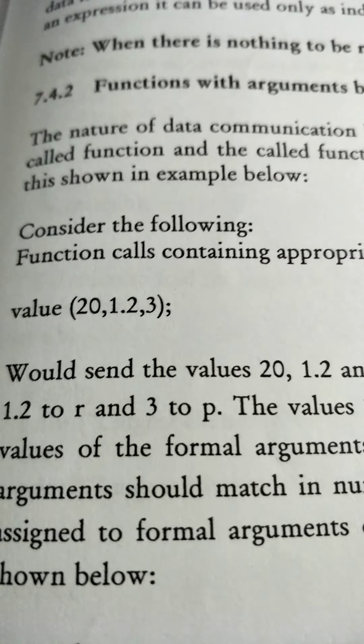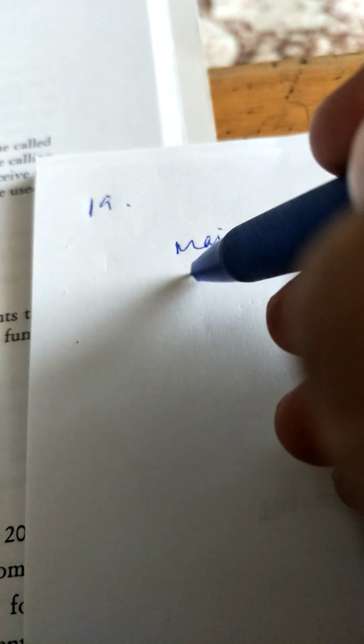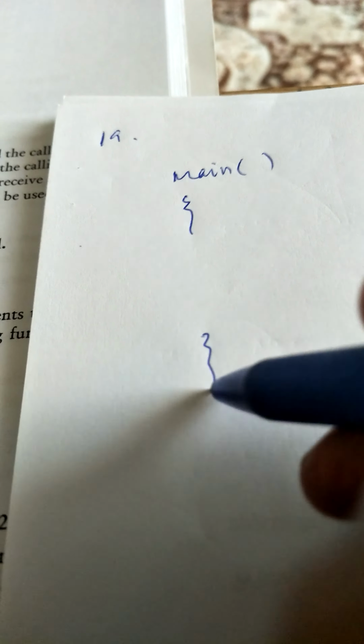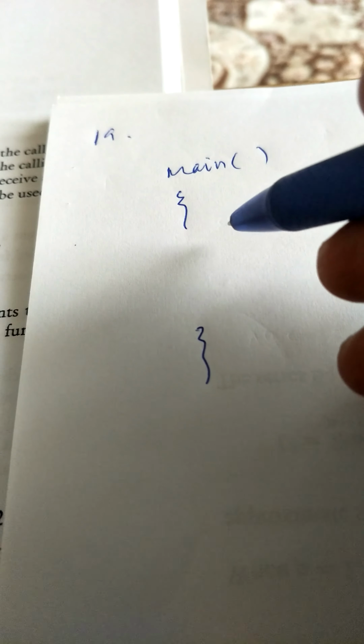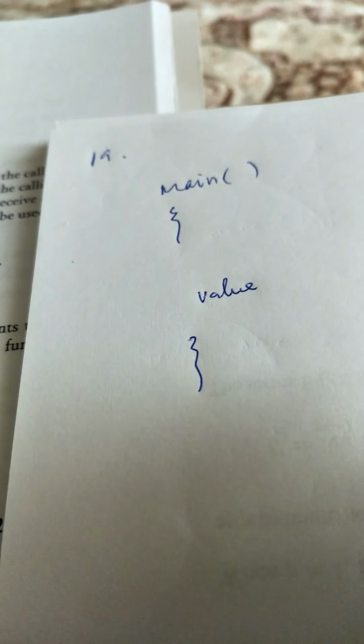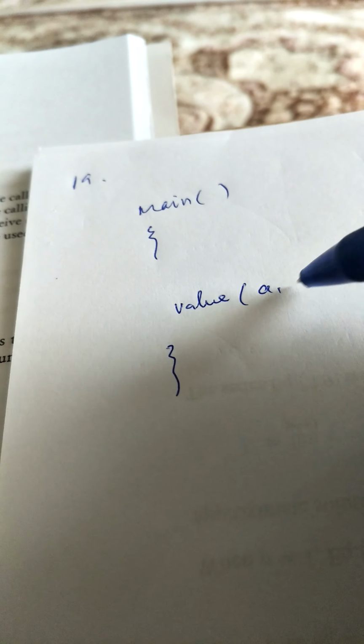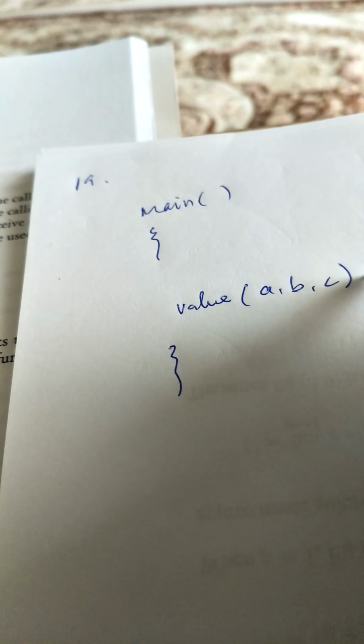As given in your notes here, look at this. If you have a program, you have main, whatever your problem is, and somewhere in the program you call the function named value, with A, B, C inside.